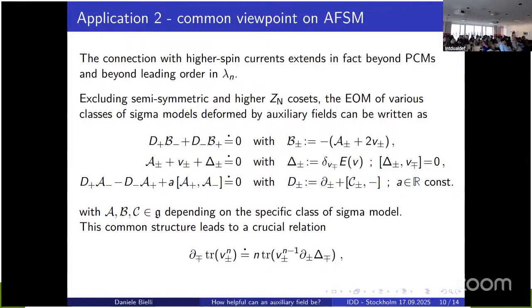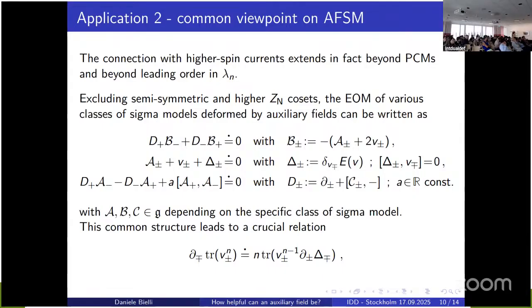And here we see that if we set the interaction function to 0, then A is minus B, and if we substitute this back into B, we recover that B and A are the same. So we have this mechanism in all these models in which we are splitting a current which is conserved and flat on shell into two currents which are related through the auxiliary fields.